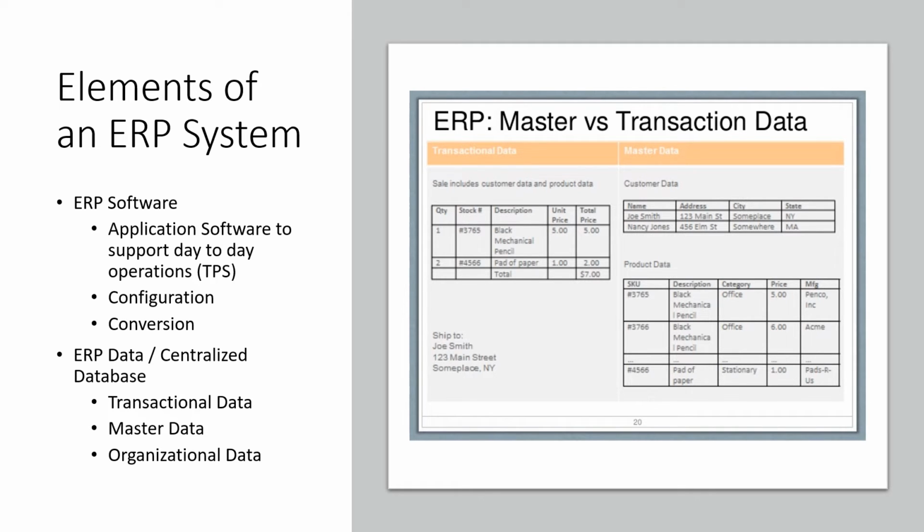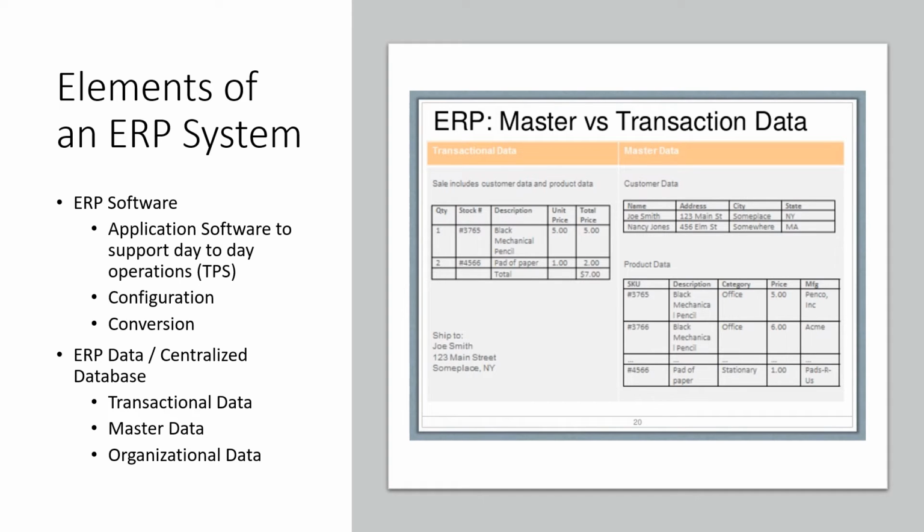ERP systems also work with master data, mostly from a lookup standpoint and a maintenance standpoint. But if there is a sale or a customer record that it needs to look up from that master data, it has the access to do that, and it has the ability to update that. Let's say if a customer moved and needs their address changed, or they want you off of the email list, things of that nature.